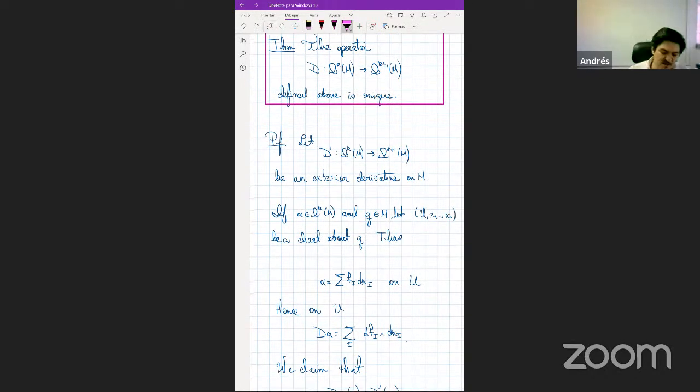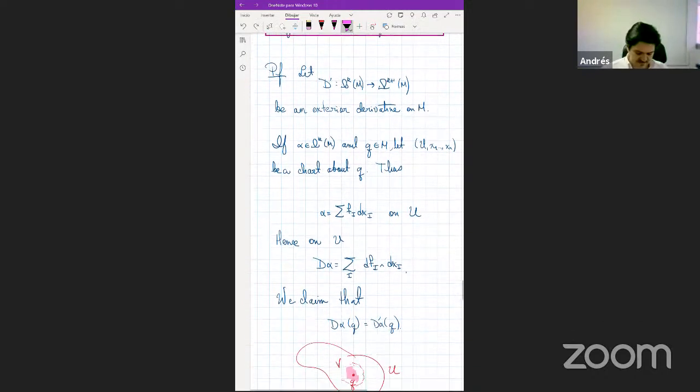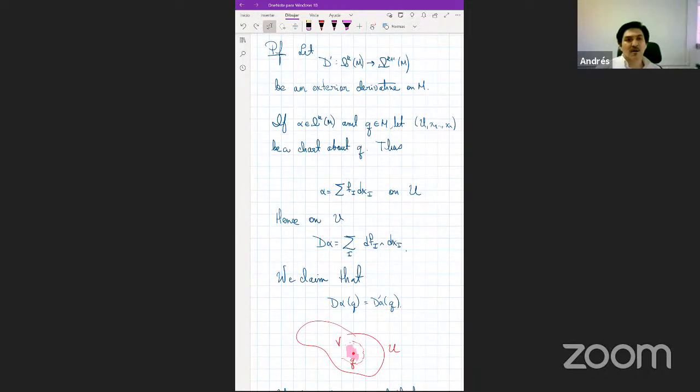Remember, I took any alpha and any Q. And then I choose a chart and all of that. We will argue more or less as in the previous result.